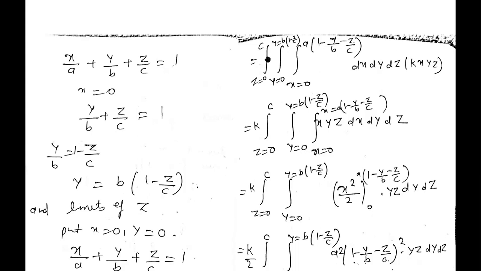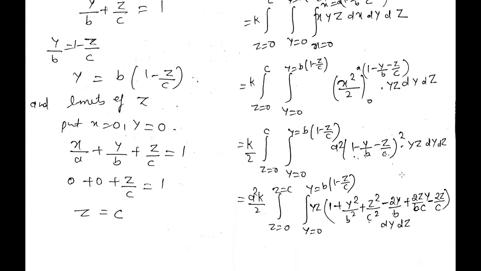So apply the limits, and integrate with respect to x first. x dx gives x square by 2, from 0 to this limit. The calculation is hard here, and there is a lot of calculation, so be careful about your calculation, right? Z is from 0 to c, y is from 0 to b(1 - z/c), and a square.